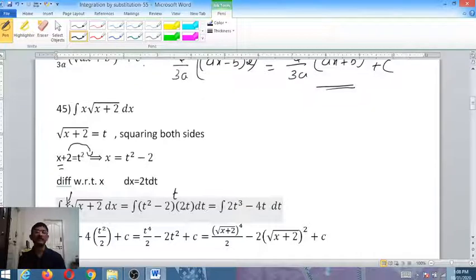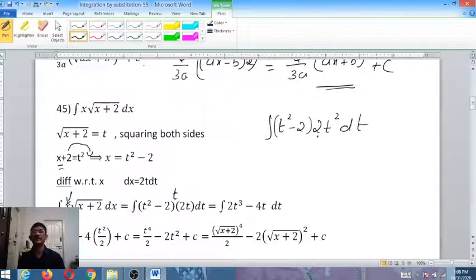So this is integral of t square minus 2 into t into 2t, which is 2t square, into dt, right? So t square into 2t square is integral of 2 into t to the power of 4 minus 2 into 2, 4 into t square dt, right?